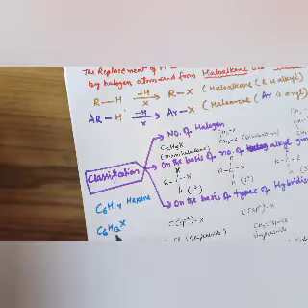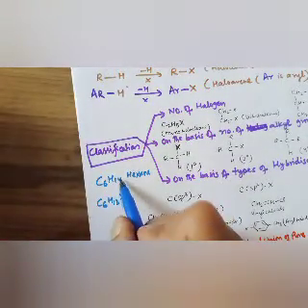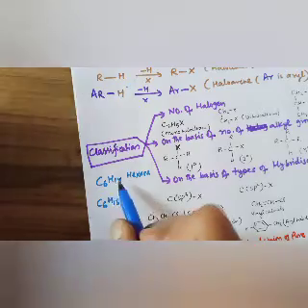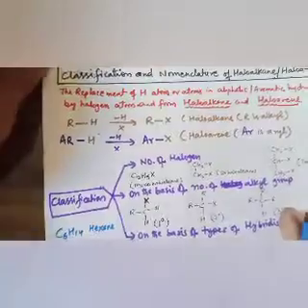C6H13X is a haloalkane. Here one hydrogen has been replaced; earlier hydrogen was 14, now it is 13. One hydrogen is replaced by X. That kind of compound is called a haloalkane.